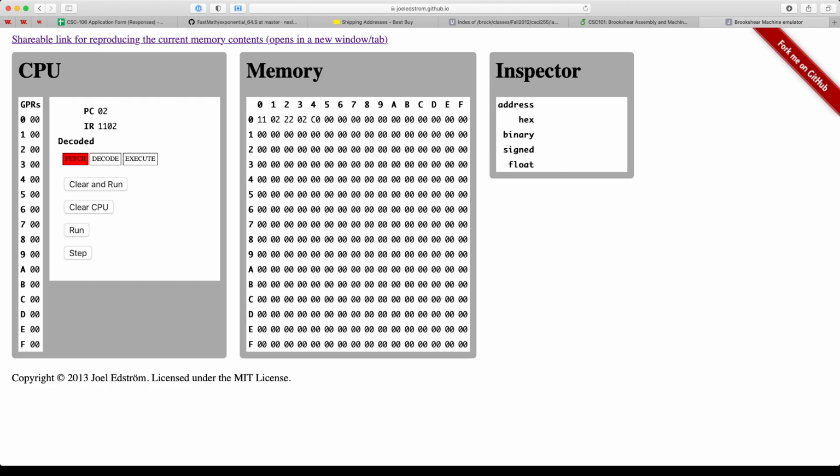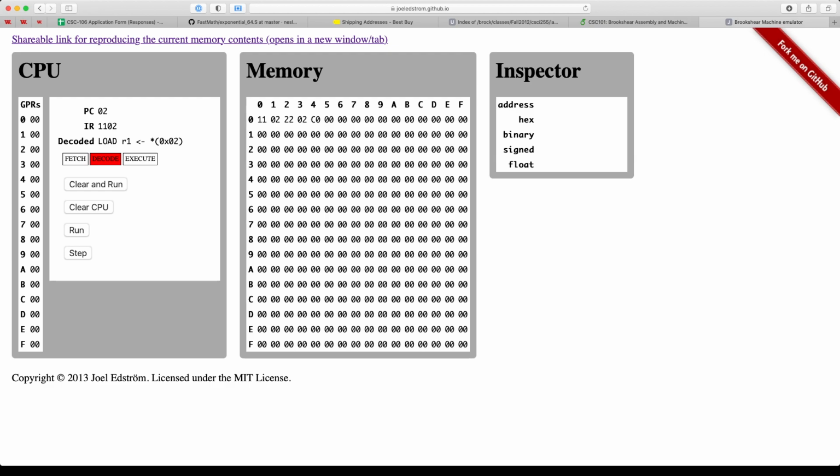All right, so what does 1102 mean? What did we say it meant? Take the memory address 02, whatever's there, copy it into register 1. And that's what is there.